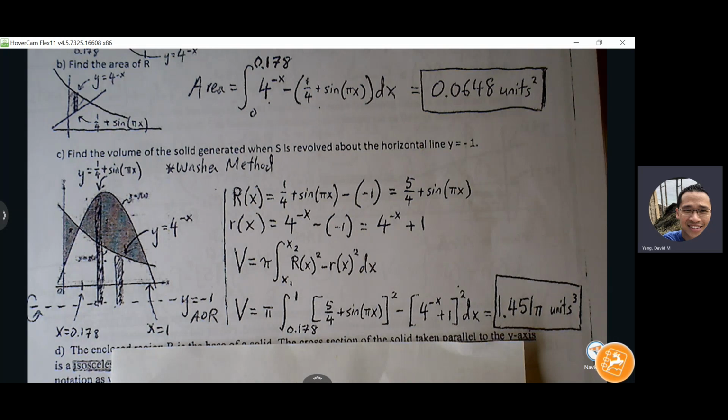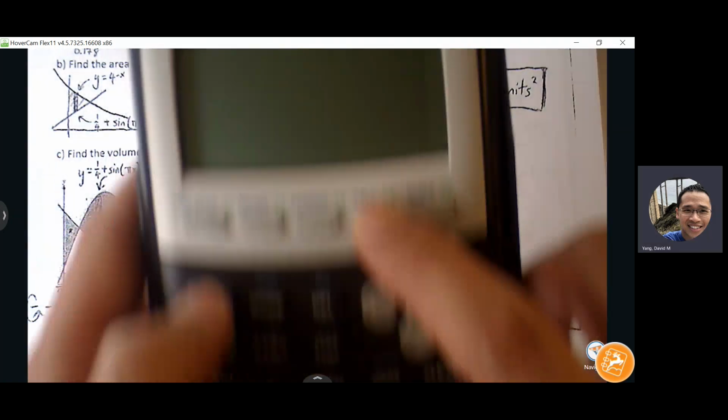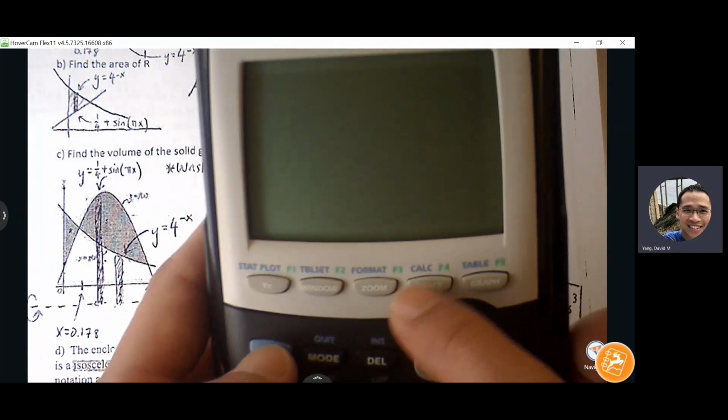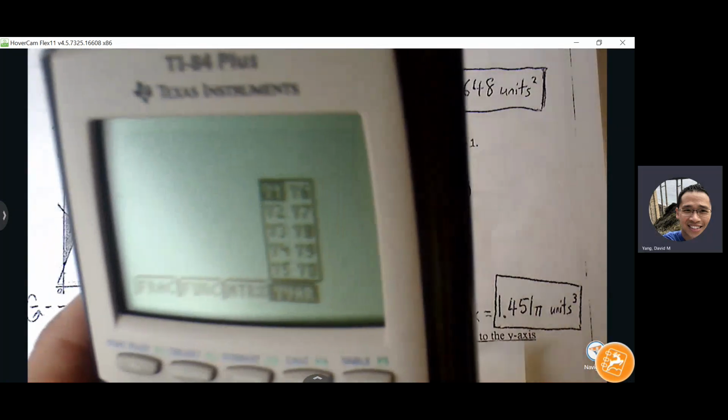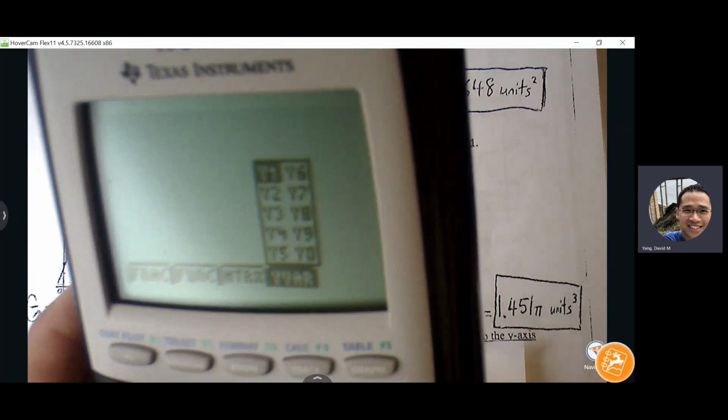So it feels a little bit cleaner. You get to your y1 and y2 by doing alpha trace. Alpha trace will give you the menu of all the y1 through y8.